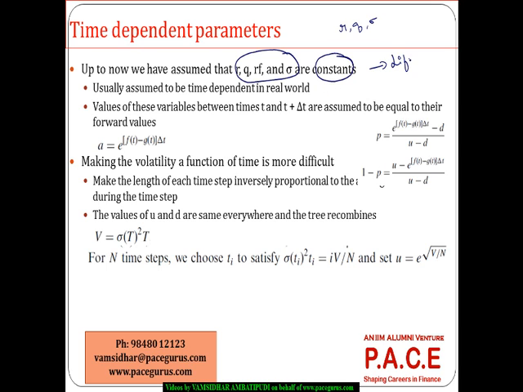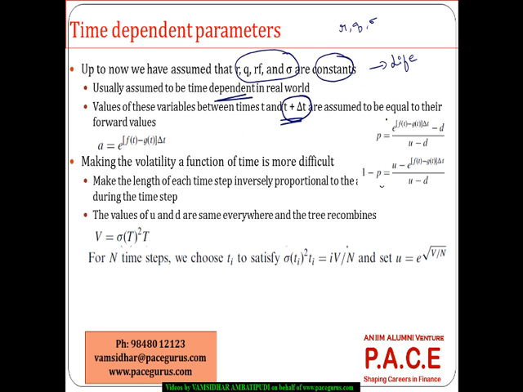But in reality, they are dependent heavily on time. And the value of these variables between t and t plus delta t, if I assume that they are equal to their forward values at t plus delta t.